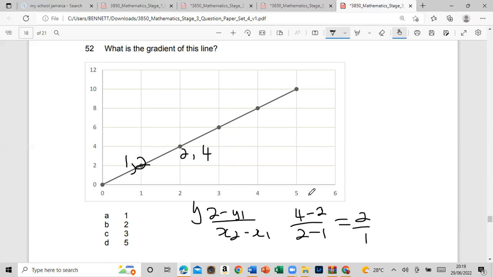And that's equal to 2 over 1. So the gradient is 2, right? So it means that for every 1 in x, y goes up by 2. So that's the gradient. So it will be 2.